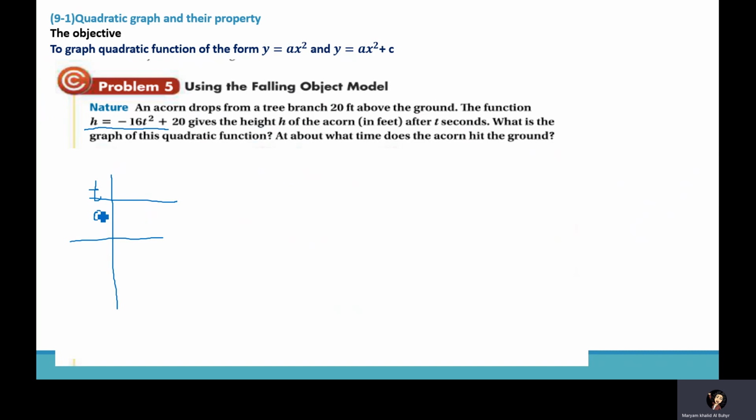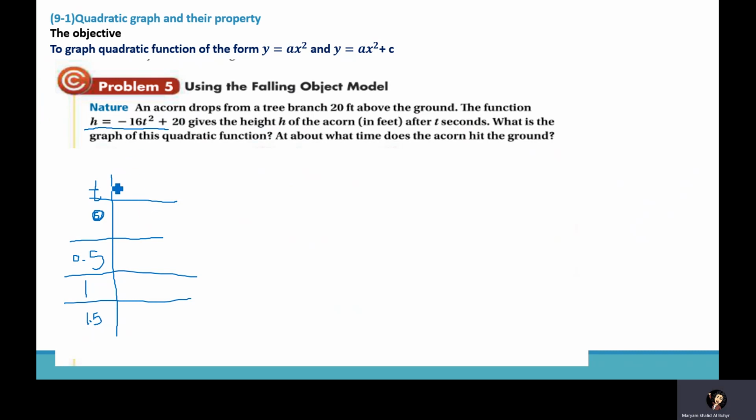So you can just take these simple points: 0, 0.5, 1, and finally this point to graph this one.